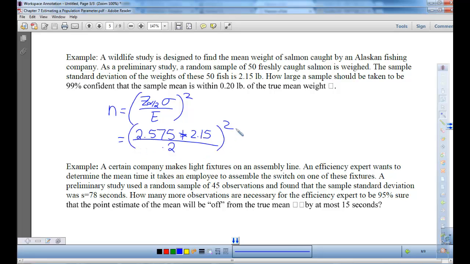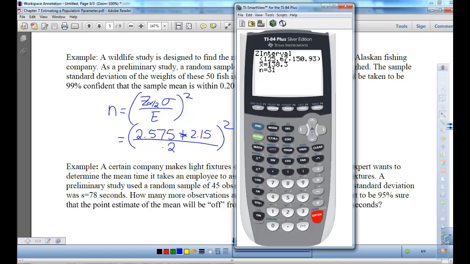Okay, so all that in, we're going to square it. 2.575 times 2.15 divided by 0.2. And then I'm going to square that. 766.25. We're going to call that what? 767.